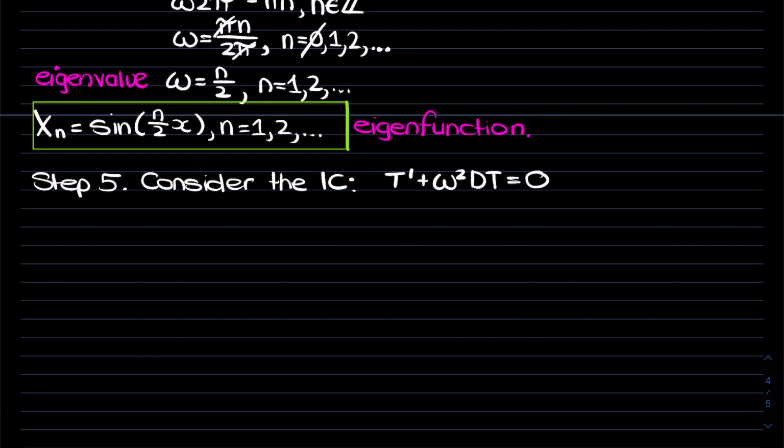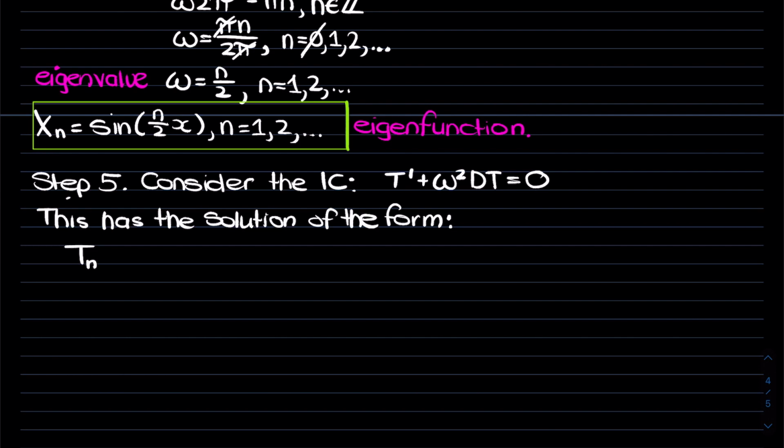So, all right, this has the solution of the form t of n of little t equals exponential. So again, you should know how to solve these ordinary differential equations here.